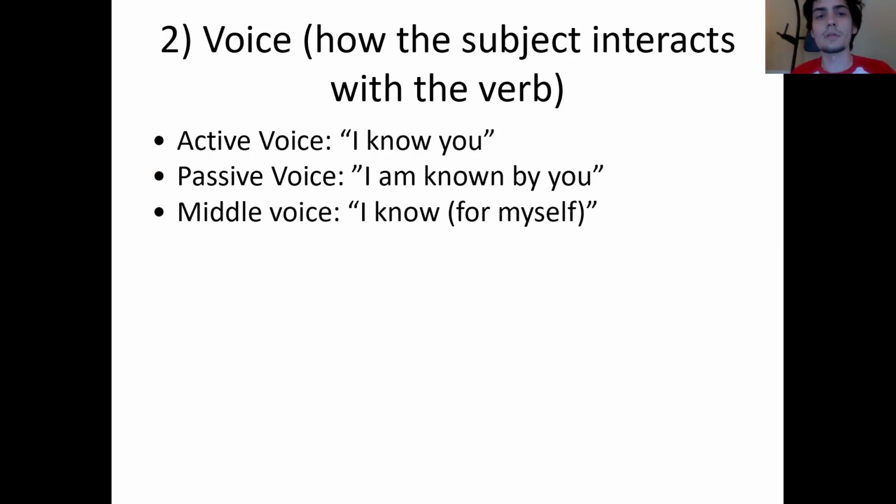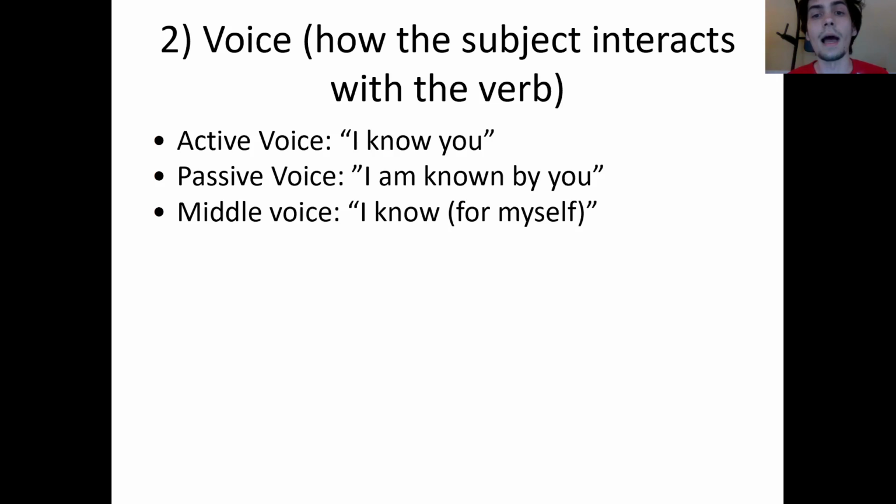Active voice is I know you. That is, the subject is doing the verb to something else. Passive voice is where the subject is having the verb done to it. I am known by you. You is the one doing the knowing, but I is the subject.